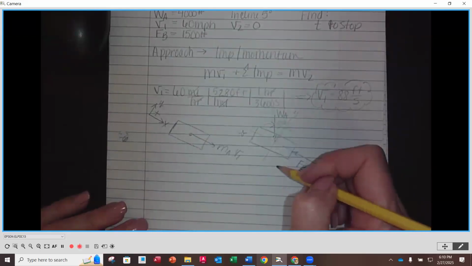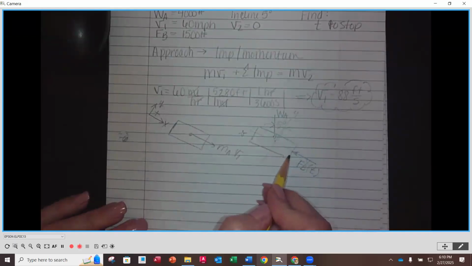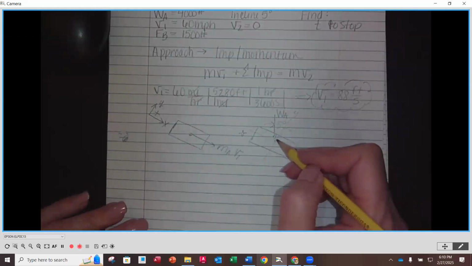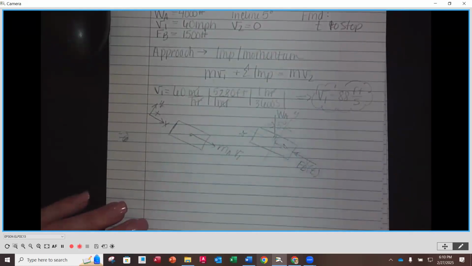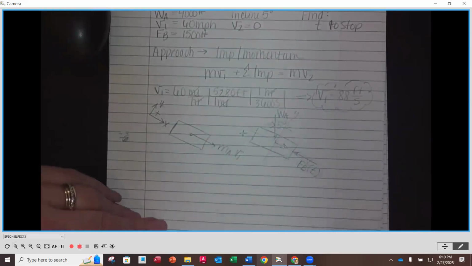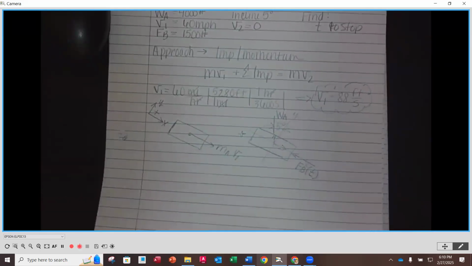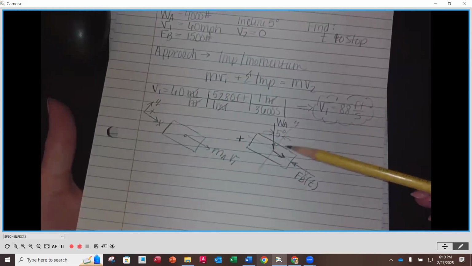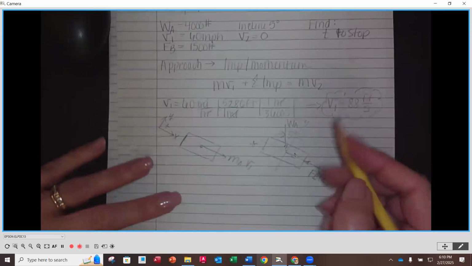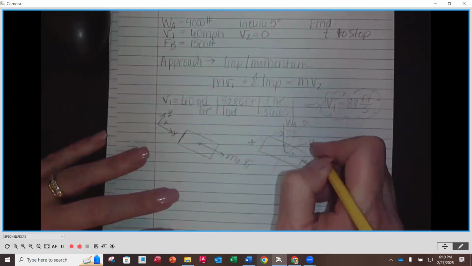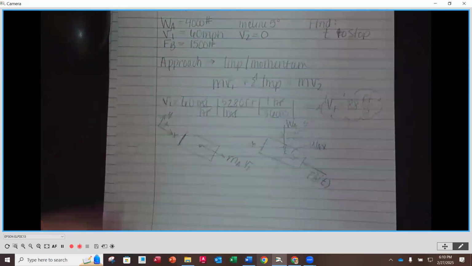Now, the weight is also going to have a component going down the incline, during that same amount of time that the braking is happening. So what we need to do is figure out what is that component of the weight that is going to go down the actual incline. Hold on, I'm going to lift this up a little bit because I see that there's a bit of glare. So this right here is going to be the component of the weight going down. So I'm going to call this WAX because that's the X axis.